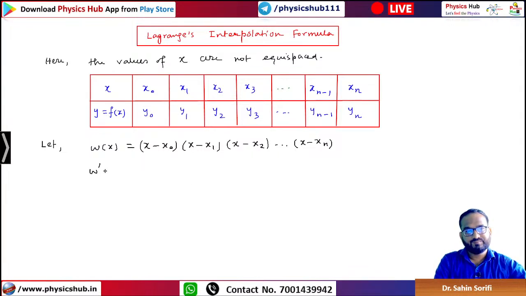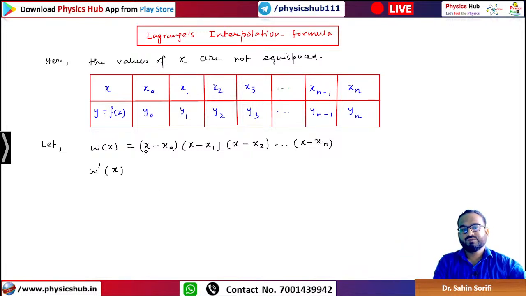w prime at x, what will be this value? You see, w prime of x will give you n number of terms, right? You take the derivative, like the derivative of a product of u, v, w, and so on.